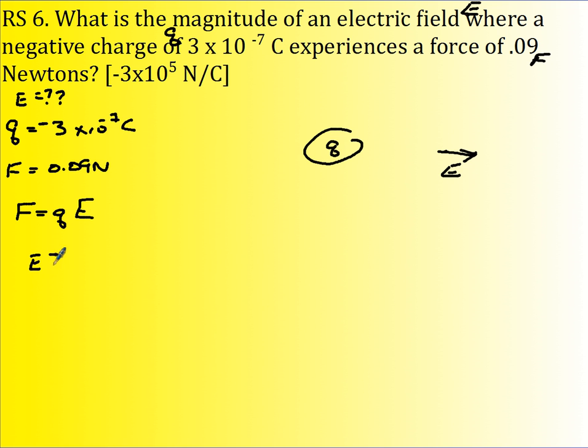So E is F divided by Q. So it's 0.09 divided by negative 3 times 10 to the negative 7. And this gives you a negative 3 times 10 to the 5th newtons per coulomb.